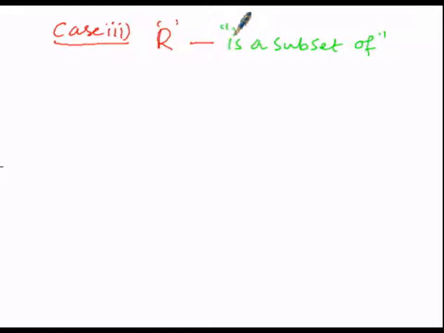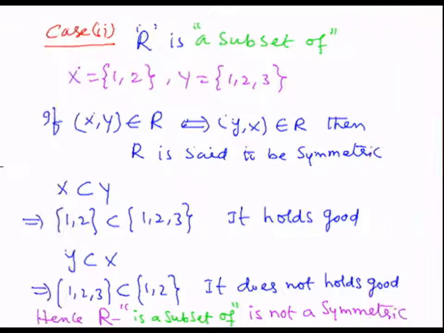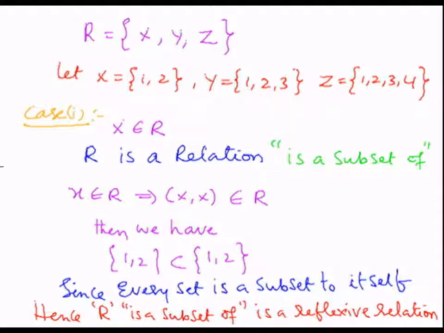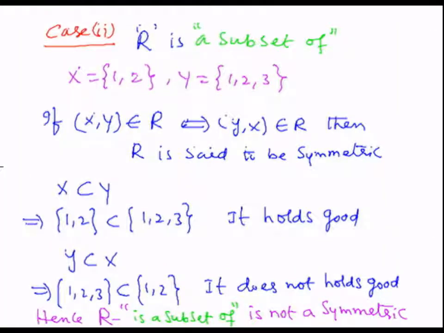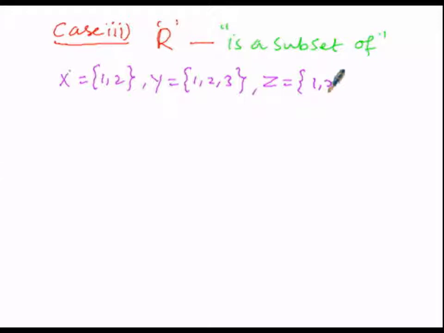Then now here let us consider all the three sets: x, the elements of the first set, are 1 comma 2, then y is equal to 1 comma 2 comma 3, and z is 1 comma 2 comma 3 comma 4.